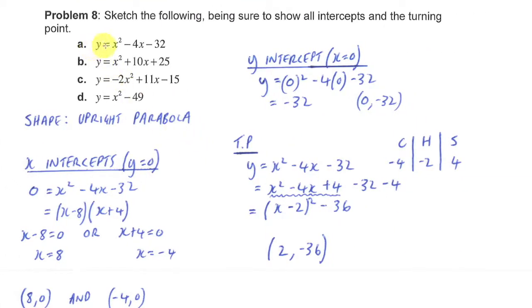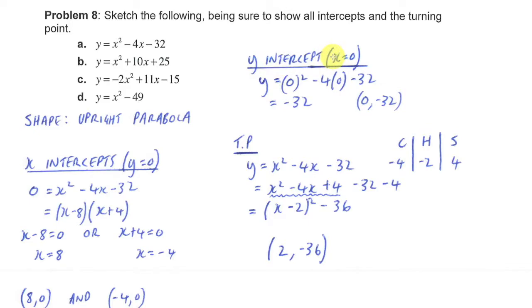So for A, y equals x squared take 4x minus 32. Firstly, consider the shape. In front of the x squared is positive 1, so it's an upright parabola. X-intercept, y equaling 0. I factorise, solve for x, and get x equaling 8 and negative 4. So there's my two intercepts.